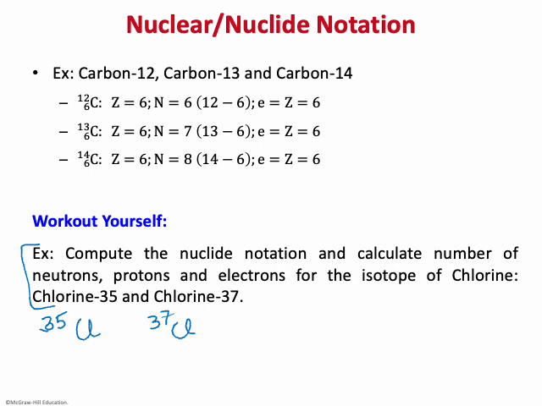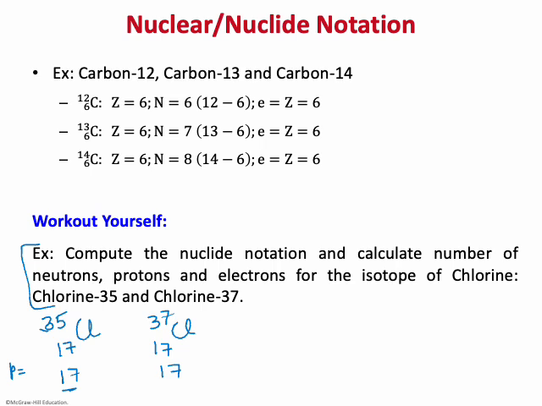Now, how do I find the atomic number? Periodic table. 17, 17. So these are the notations. Question is how many protons, neutrons, electrons? Protons, 17 here, 17 here. Neutrons, 35 minus 17. Oops, why can't I write minus?